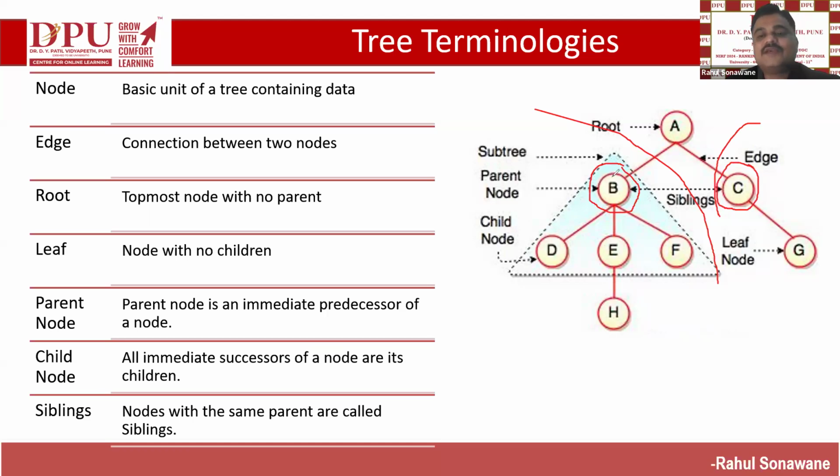You can say these are the subtrees of A. Let's call this the left subtree and this our right subtree. They are connected by means of edges. The edges are used to represent the connection between the nodes.